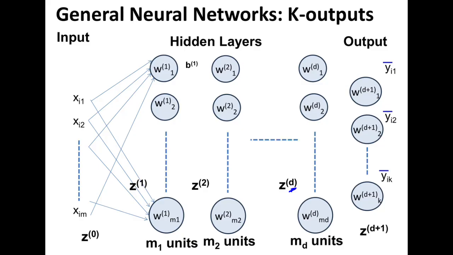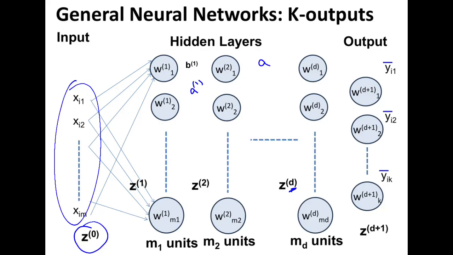Okay. So I have the input here, again an m-dimensional feature vector. I can also represent it as z of 0. So the input to every layer is represented by z. Output of that layer is represented by the A's. Okay. So the output here would be A1. And they are combined with the weights and the biases to get the input to the next layer, which will become Z2.